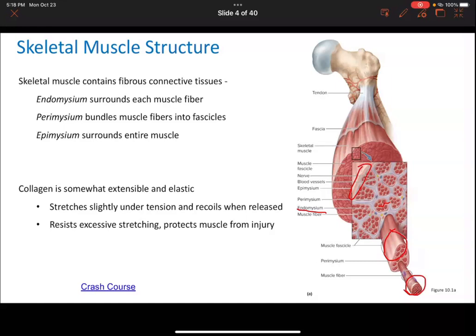It does resist excessive stretching, and that is going to be super helpful for protecting our muscles from injury. The collagen helps return that muscle to its resting length. It's also going to contribute to the power output of a muscle and the muscle efficiency by keeping it attached and keeping it pretty much constrained, but also helping provide support.